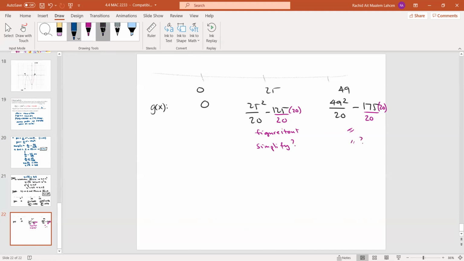Of course, this one here would simplify to negative 375 over 4. And this one probably about 1099 over 4.